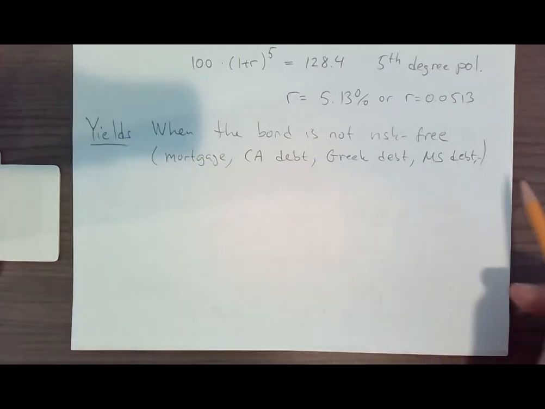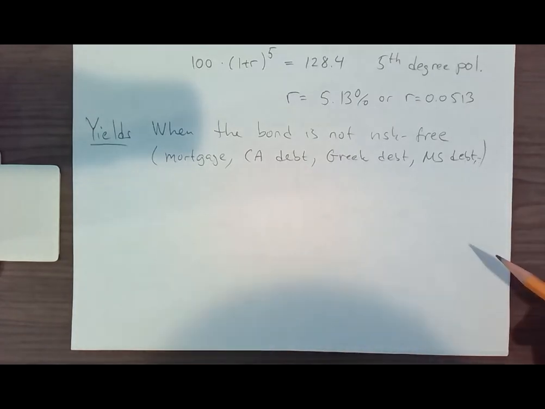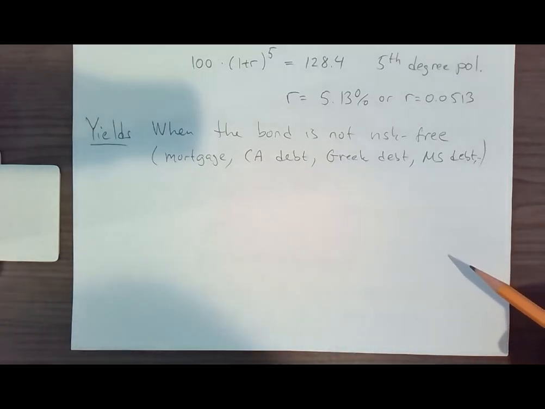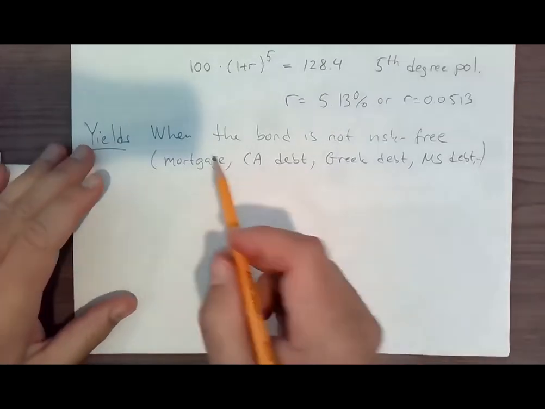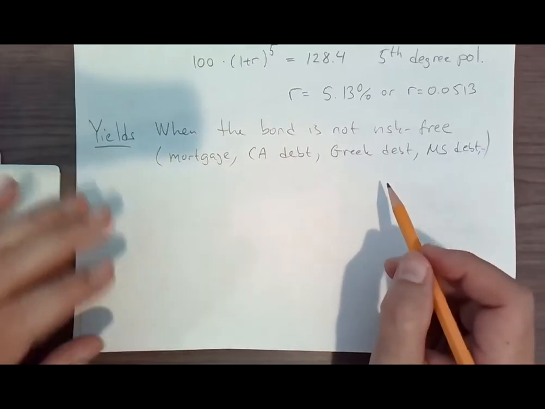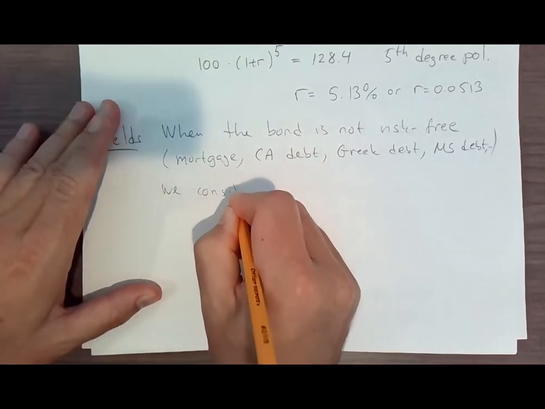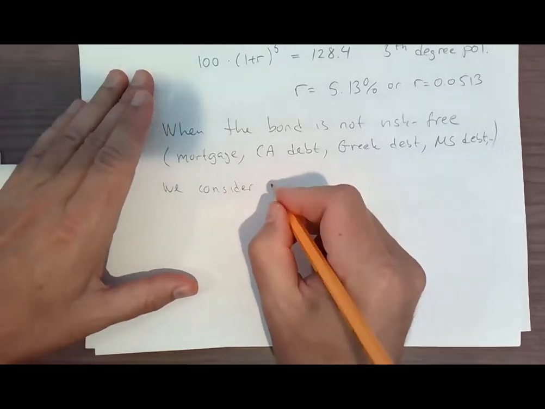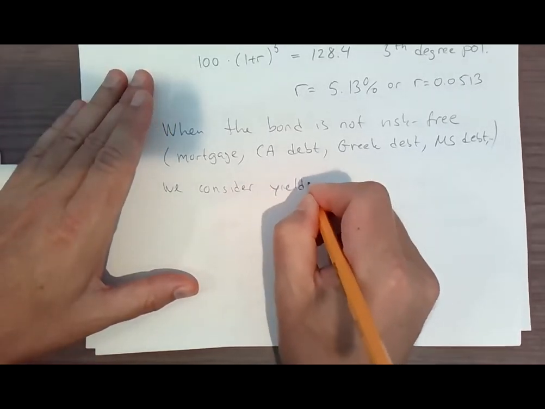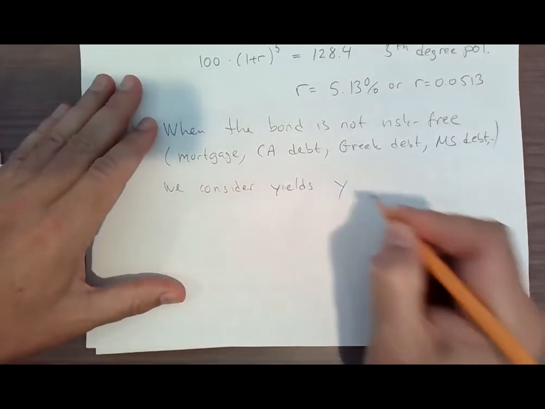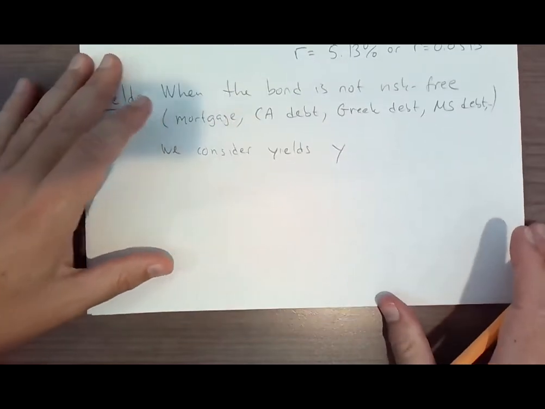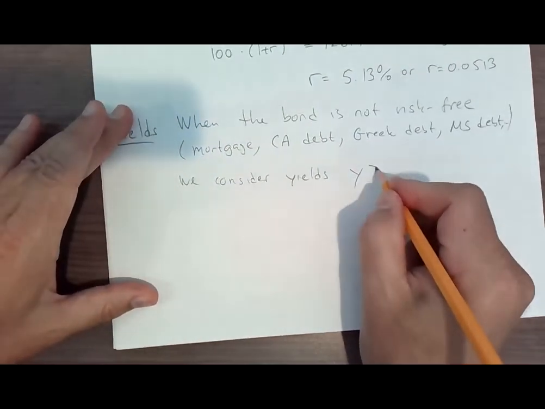And Microsoft, of course, is a private entity that could also default. So when the bond is not risk-free, sometimes we consider yields. This is denoted by y, and this is typically positive, right?